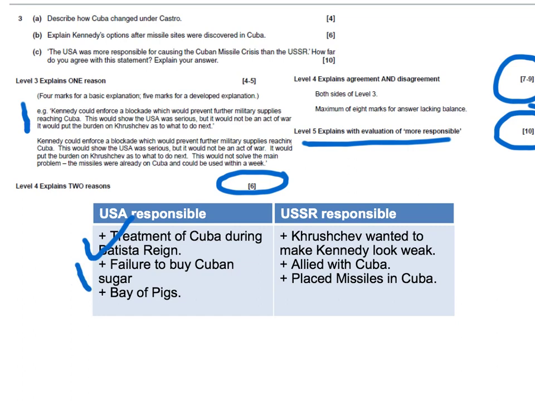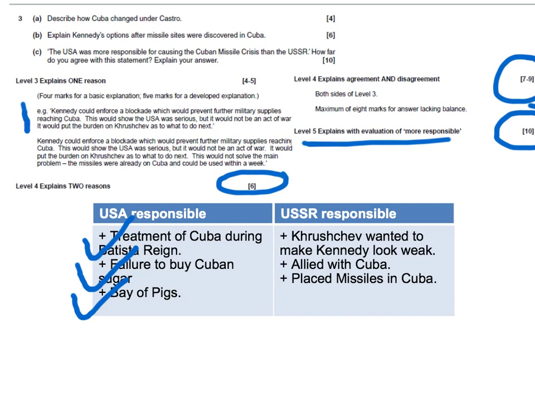Then the Americans chose not to buy Cuban sugar, which was a bad move, because it opened the door to allow another country like Russia to come in and be involved with Cuba. They probably never thought that would happen, but that was the failure to buy Cuban sugar.